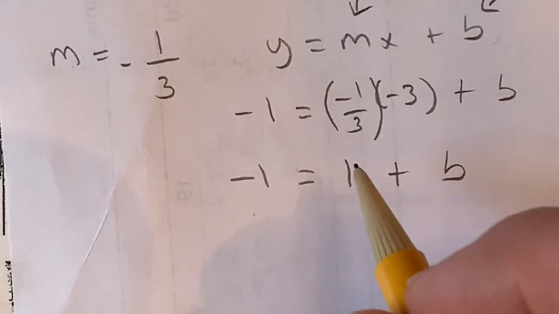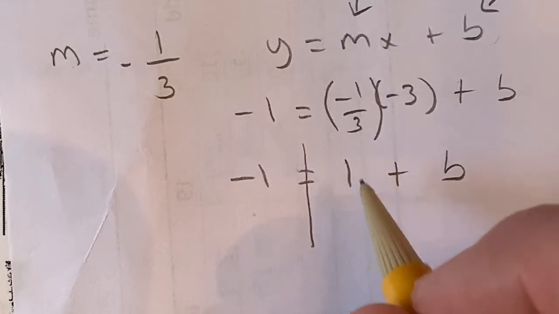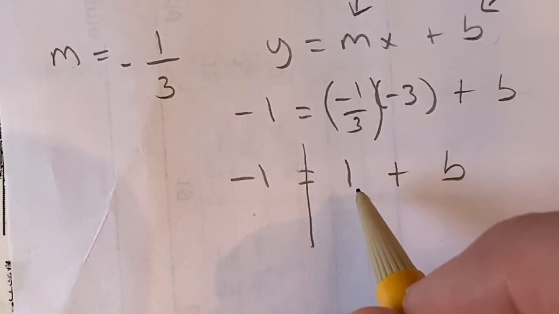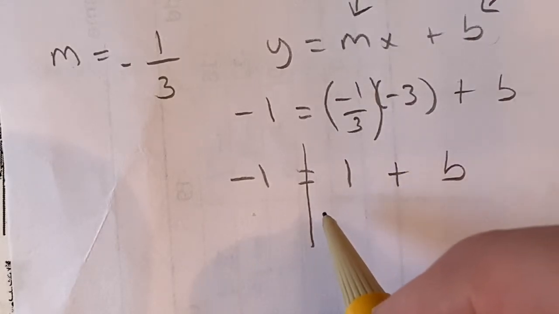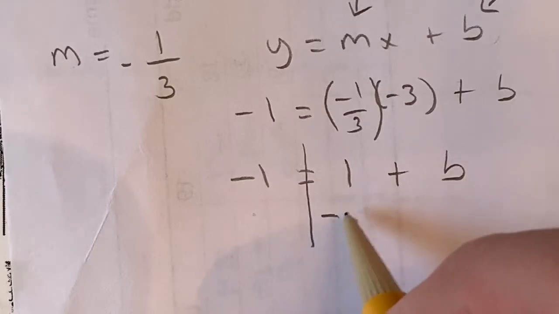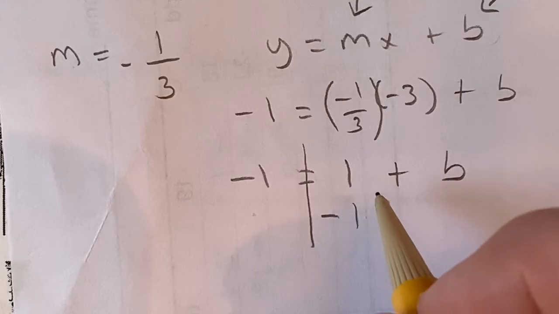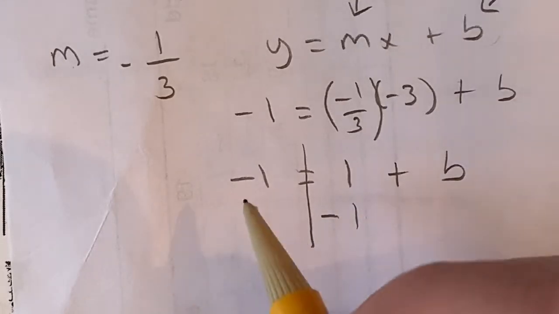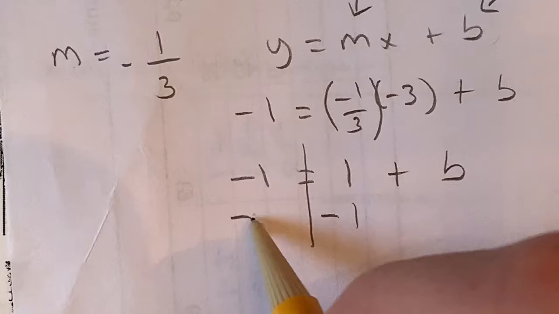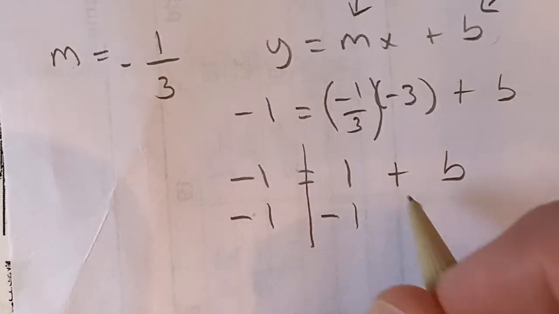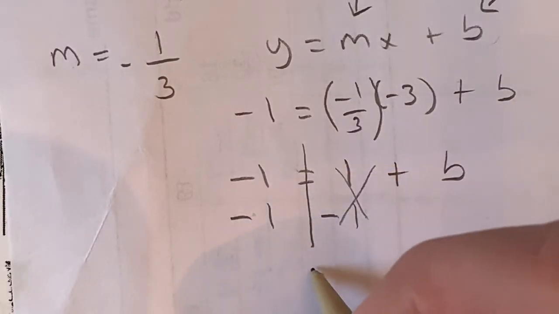Remember, when we're working an equation, if we have a +1 and I want to remove that from this side, in order to keep the equation balanced, it's like pulling a weight. If I pull a weight off one side, the scale is going to tip. So in order to keep the scale balanced, I have to pull it off both sides. This cancels that out, which is what we want, right?